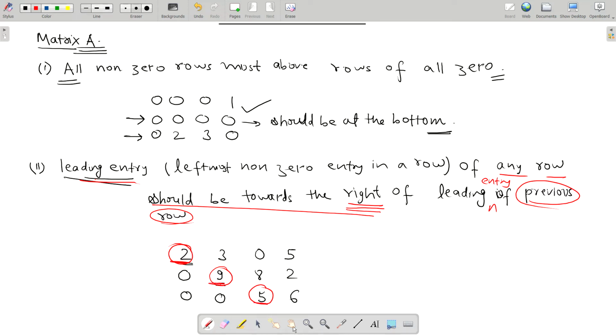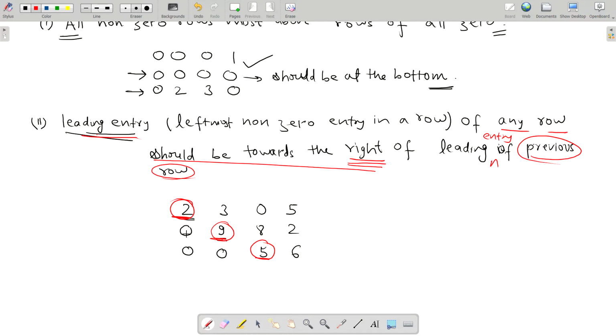If we take another row like 0 8 9 6, now this matrix is not echelon, because 8 here is not to the right of 5, it is to the left of it.